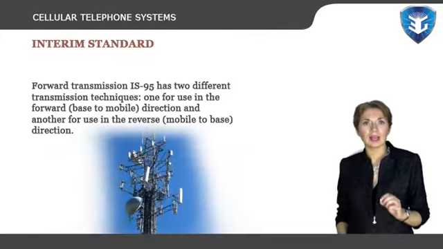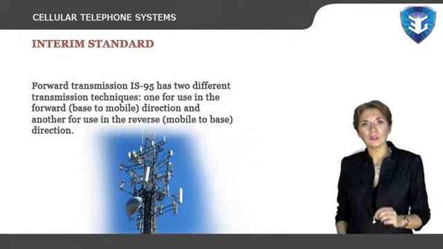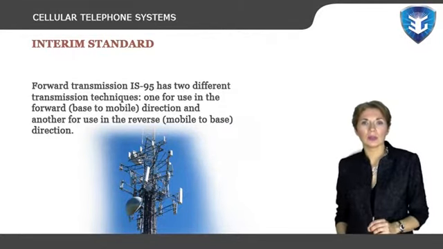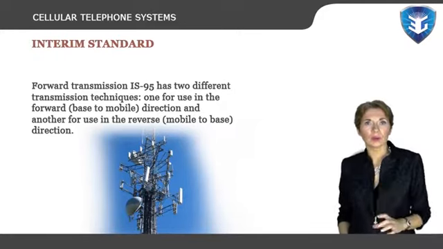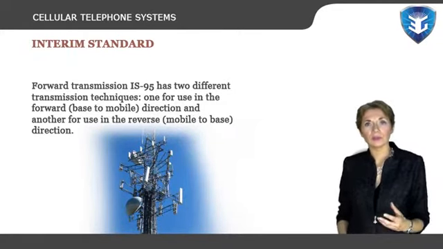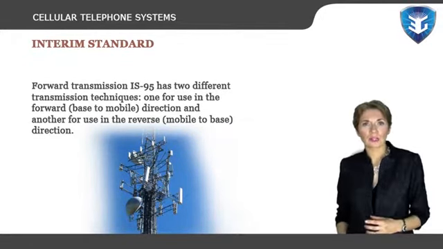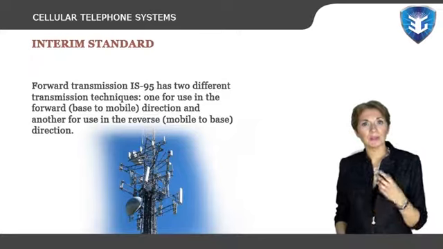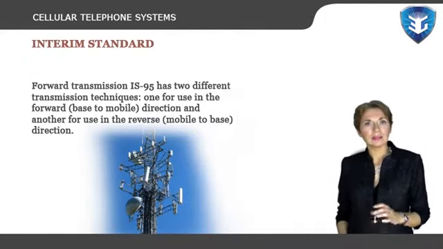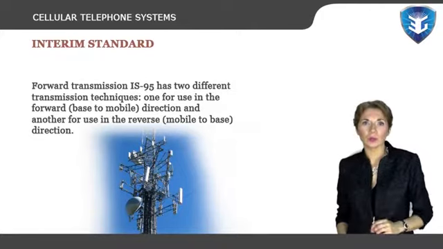Forward transmission. IS-95 has two different transmission techniques, one for use in the forward base to mobile direction and another for use in the reverse mobile to base direction. In the forward direction, communications between the base and all mobiles are synchronized. The base sends synchronized data to all mobiles.